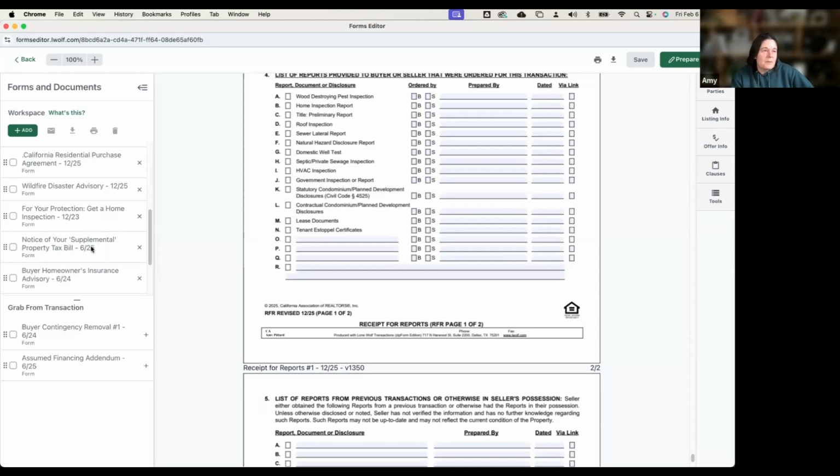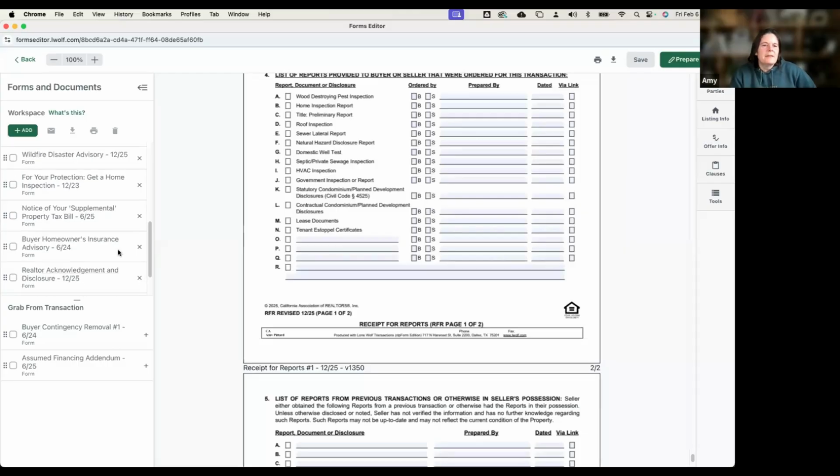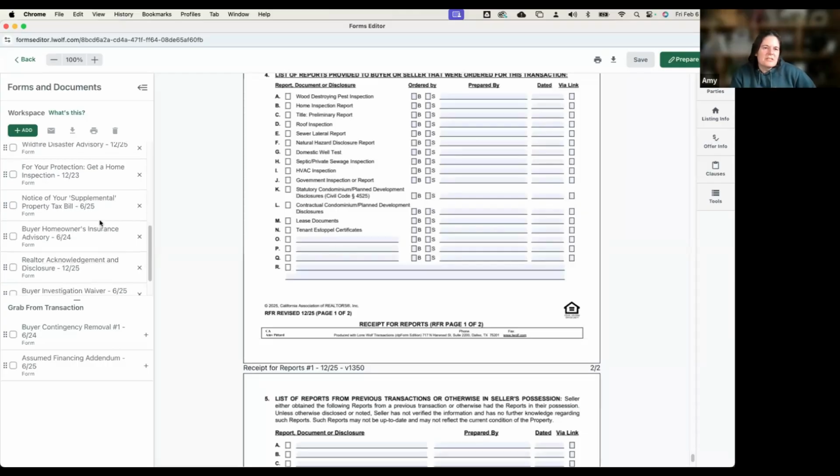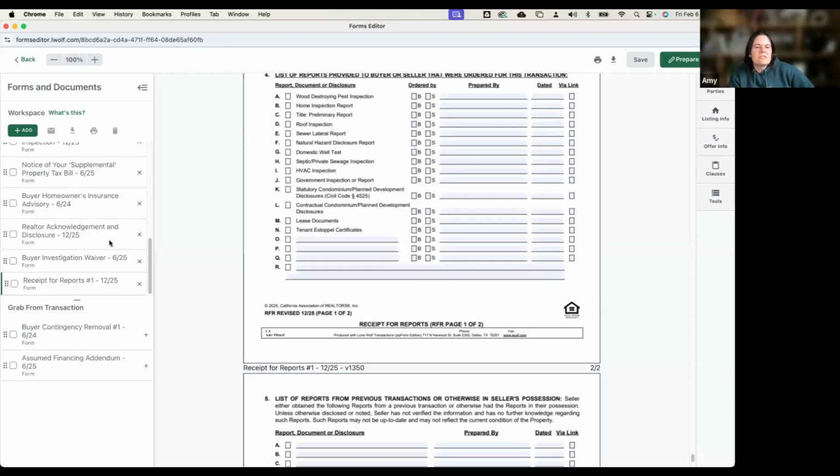Notice of your supplemental property tax bill. Normally, because I'm going to couple that with what the approximate or estimate of the supplemental property tax bill could be. Buyer's homeowners insurance advisory and that realtor acknowledgement and disclosure form. And then usually once we're in a contract, we would do the buyer inspection election.